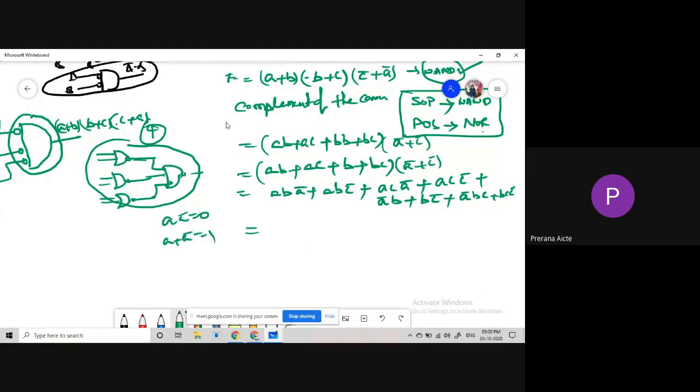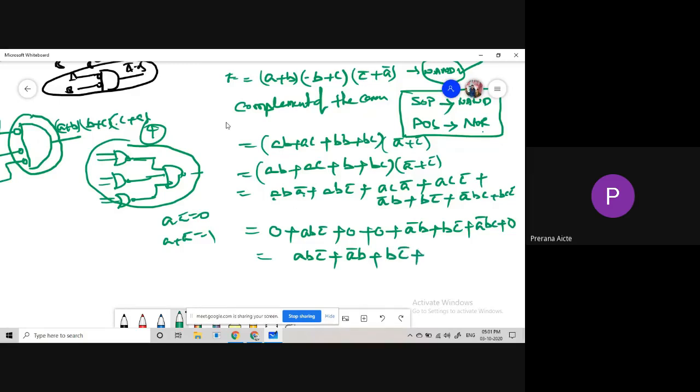So here A bar is there, so this value is 0, and ABC bar, and then A bar again 0, again 0, then A bar B, BC bar, A bar BC plus 0. Then it becomes ABC bar plus A bar B plus BC bar plus A bar BC.